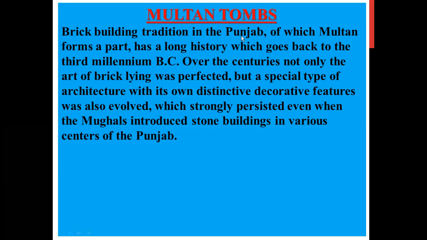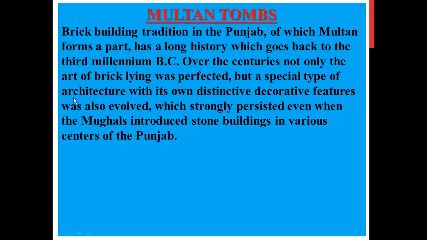Brick building tradition in Punjab, of which Multan forms a part, has a long history which goes back to the 3rd millennium BC. Over the centuries, not only was the art of bricklaying perfected, but a special type of architecture with its own distinctive decorative features was also evolved, which strongly persisted even when the Mughals introduced stone buildings in various centers of Punjab.